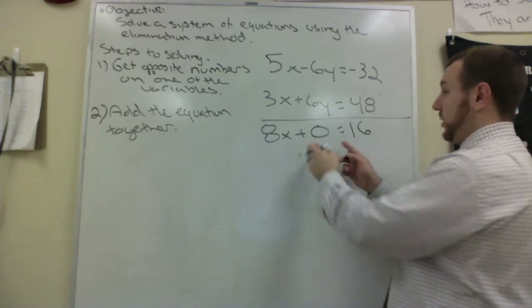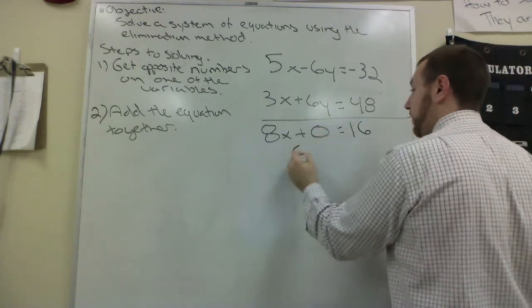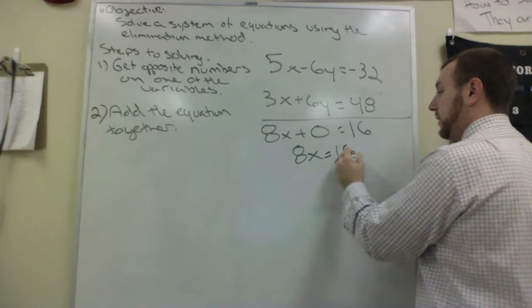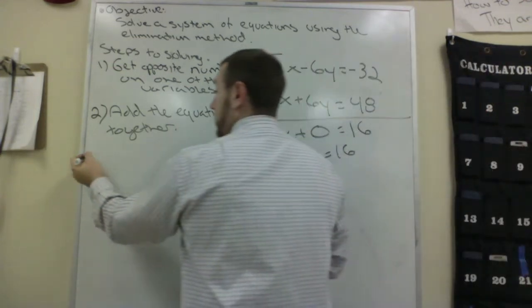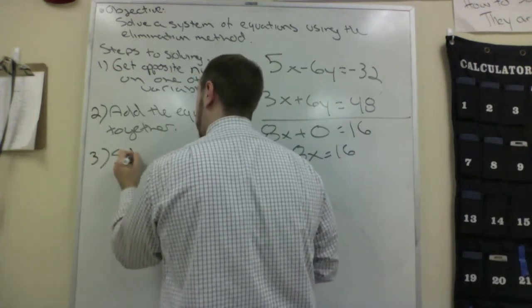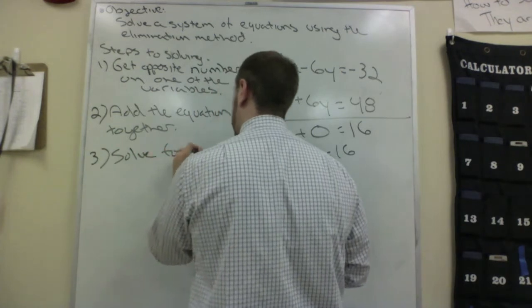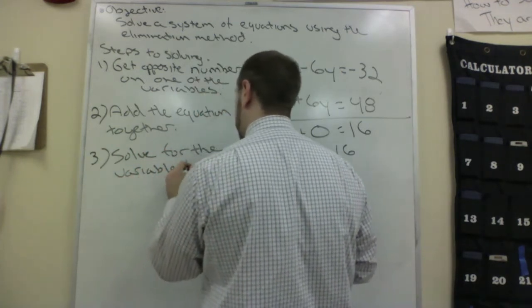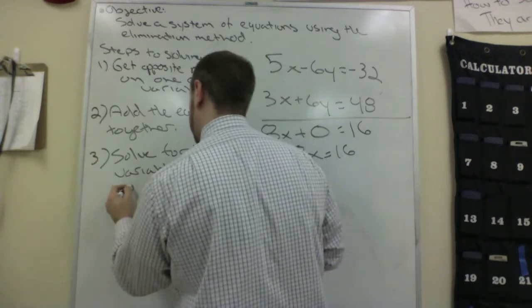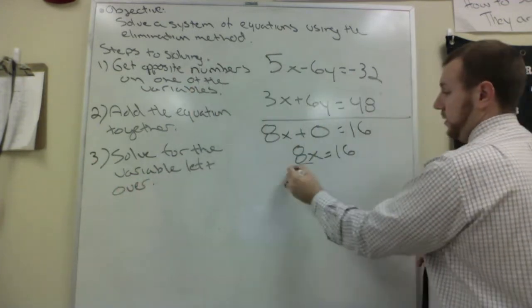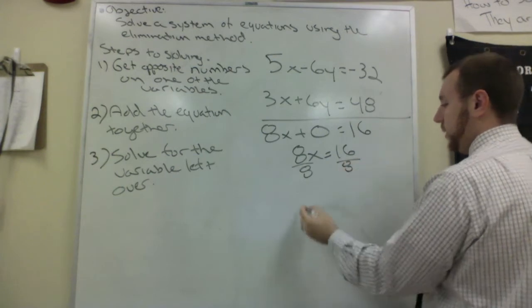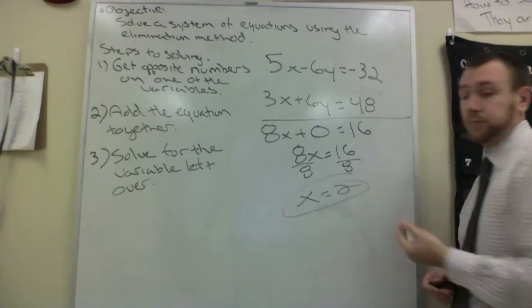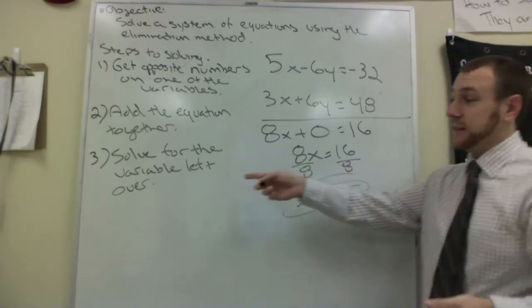So the 0, I don't care about that, 8x equals 16. Okay, step 3, solve for the variable left over. Okay, divide by 8, x equals 2. Okay, now that's step 3.